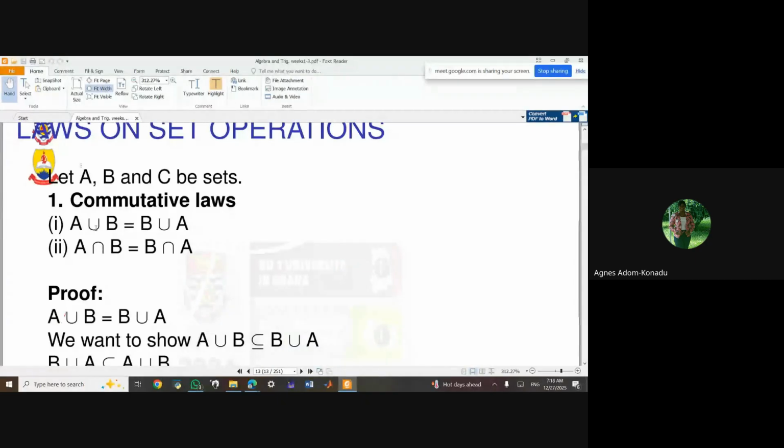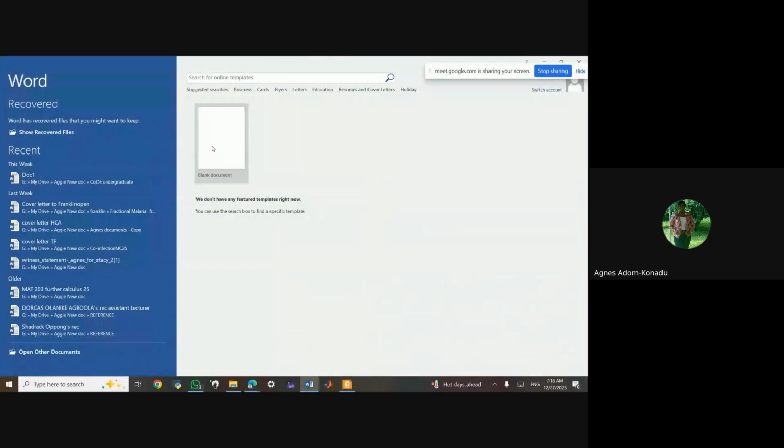So last week we said that if two sets are the same, they are equal. Let's assume I have the set A and B. Let me try and write something.